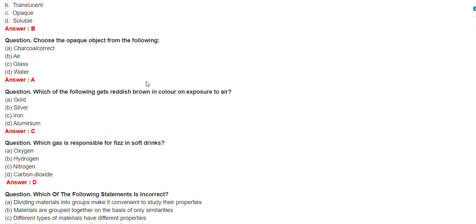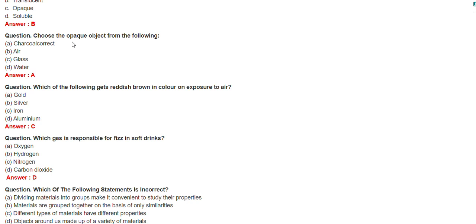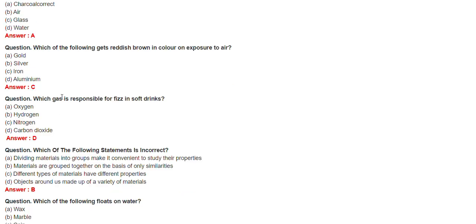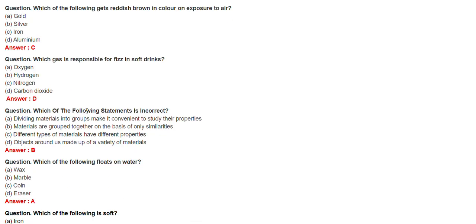Option B. Choose the opaque objects from the following. Option A. Which of the following gets reddish brown in color on exposure to air? Answer iron.